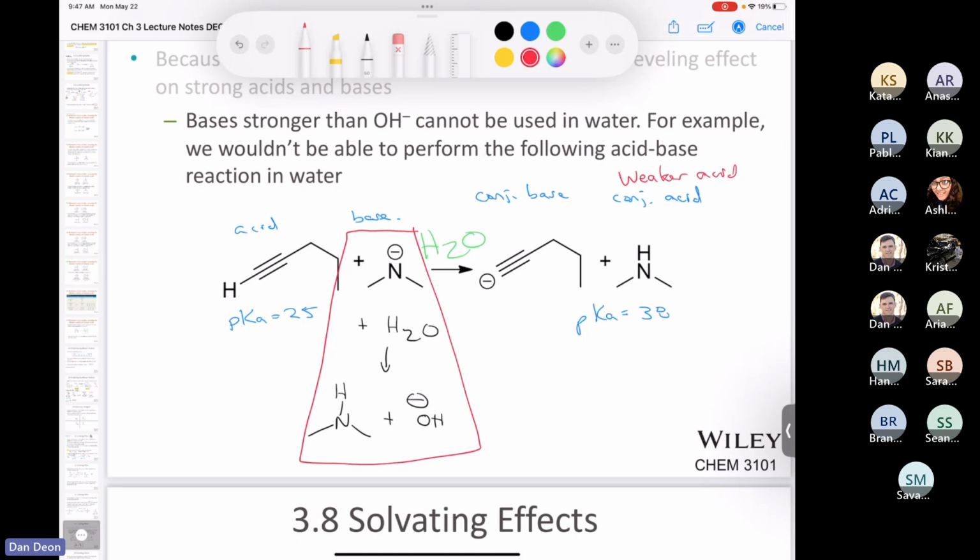So if we look at the pKa of our acid, the pKa is equal to 15.7. If we look at the pKa of our conjugate acid, the pKa is equal to 38. Which side is the equilibrium going to lie to? It's going to lie to the side of the products. So it means you're going to have destroyed all of this. So water is not an appropriate solvent for this reaction based on the leveling effect.